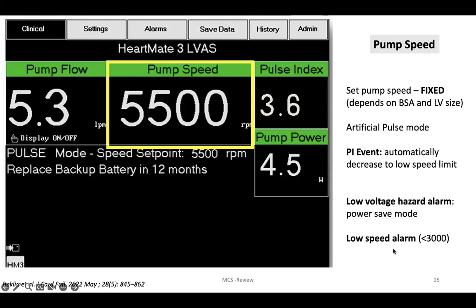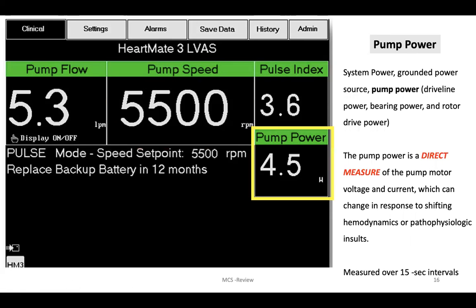And usually the low speed alarm is set by the clinician, and you have to know that below 3,000 rotations per minute, the flow is going to reverse through the pump. So this is a very minimum to set.